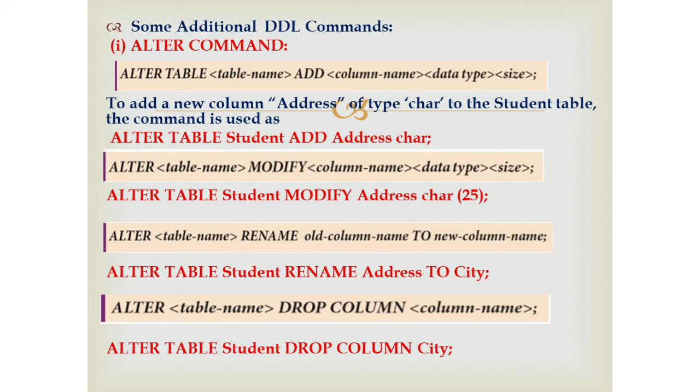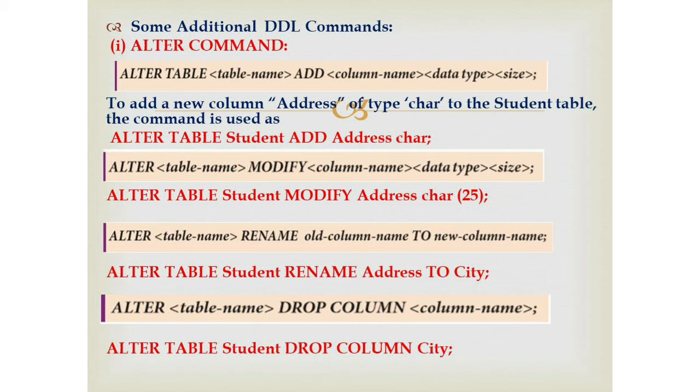Clear? Then one more method is also there. The ALTER command can also be used to remove a column. For example, to remove a particular column, DROP COLUMN is used with ALTER TABLE. To remove a particular field, the command is ALTER TABLE, table name, DROP COLUMN, column name. By using this DROP COLUMN, you can remove a column.